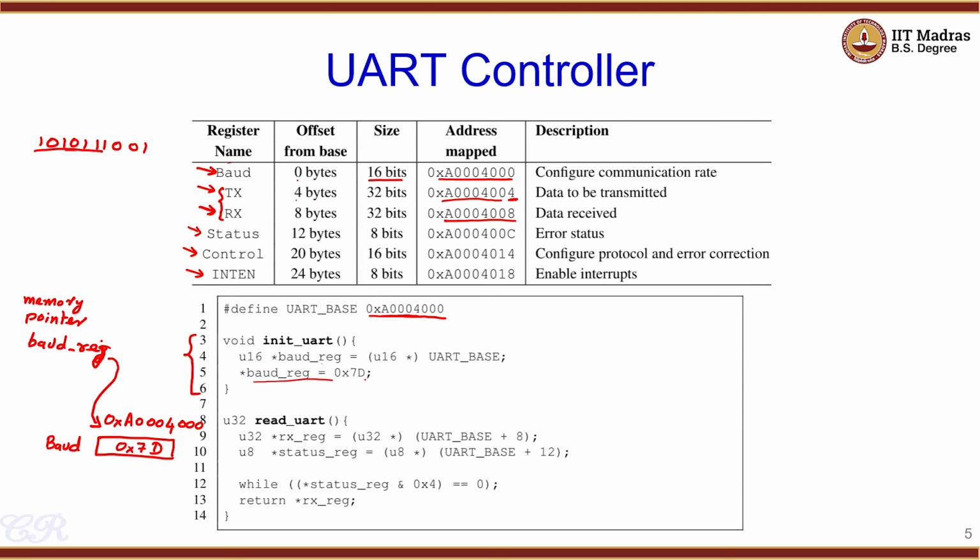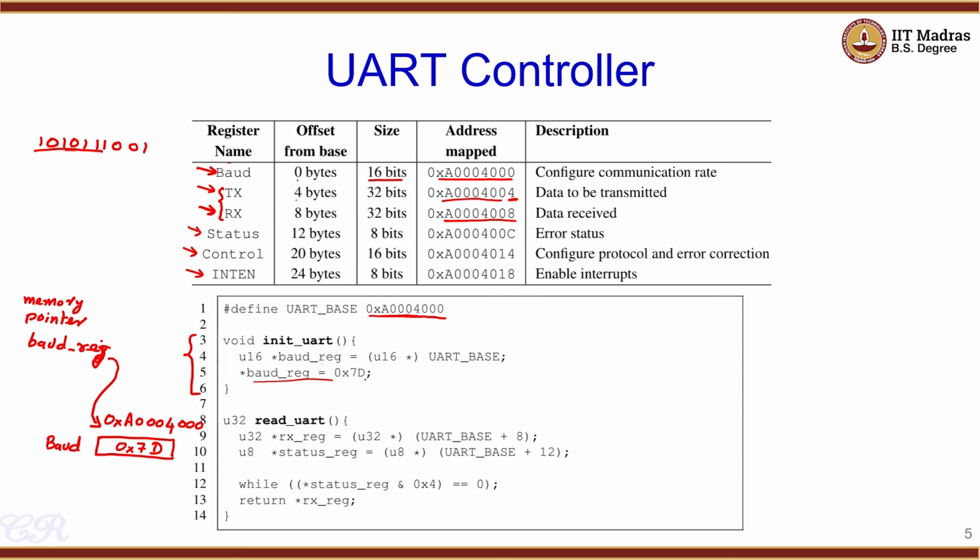Now we have the second function called read_UART. In read_UART, we are actually using two more registers. One is the RX register, which is present at an offset of 8 bytes from the base register.